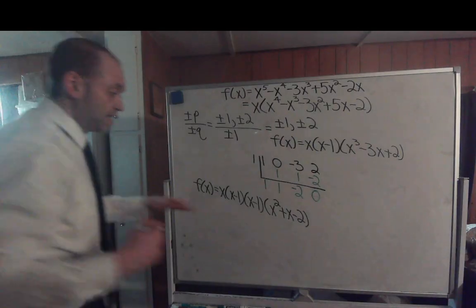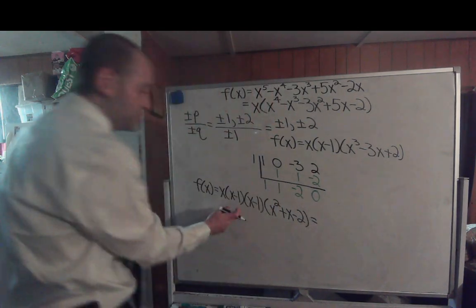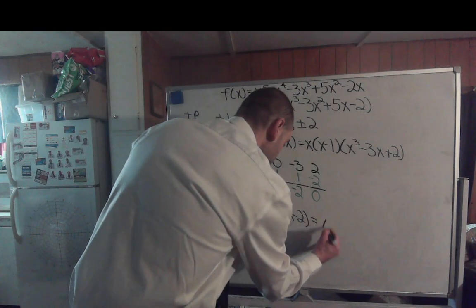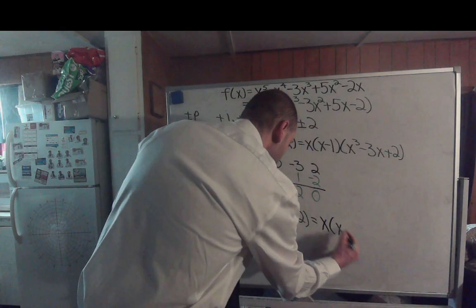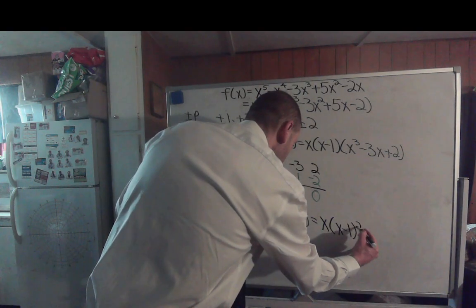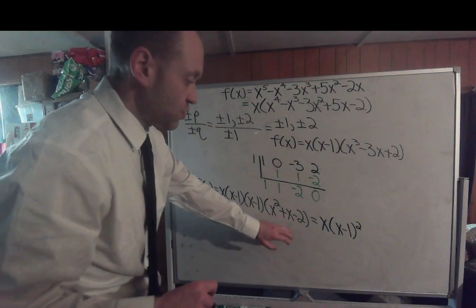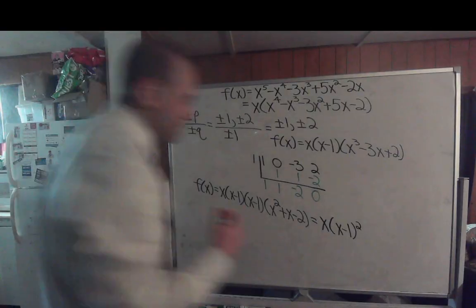Well, we can simplify those two x minus 1s. We can write that as x minus 1 to the second. So this would equal x times x minus 1 to the second power times, let's take the factors of x squared plus x minus 2.